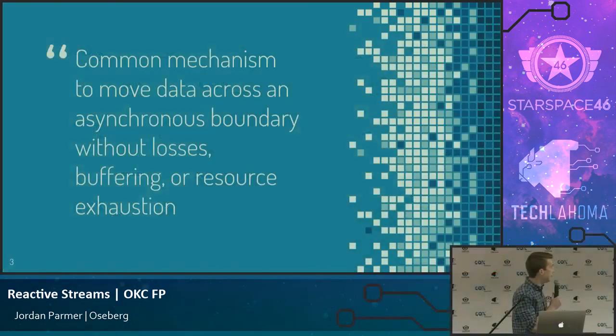So what is reactive streaming? Reactive streaming is a common mechanism to move data across an asynchronous boundary without losses, buffering, or resource exhaustion. In a nutshell, what we're trying to solve is the problem of streaming large volumes of data.